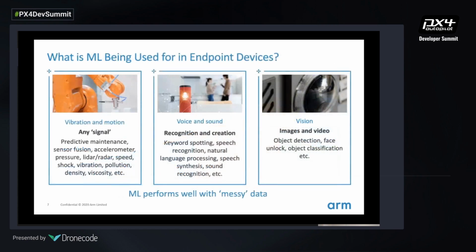So I wanted to touch on, when does it make sense to do machine learning on endpoint devices? I believe that it makes sense to think about machine learning on constrained devices when you have data that's messy.